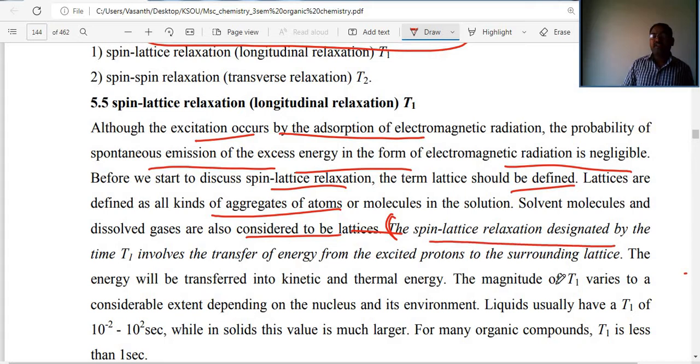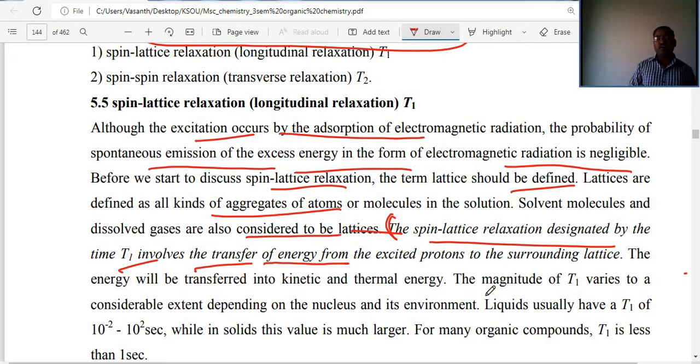Please go through that. The spin-lattice relaxation, designated by the time T1, involves the transfer of energy from the excited protons to the surrounding lattice. The energy will be transferred into kinetic and thermal energy.